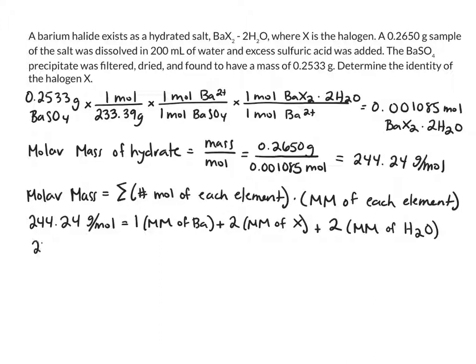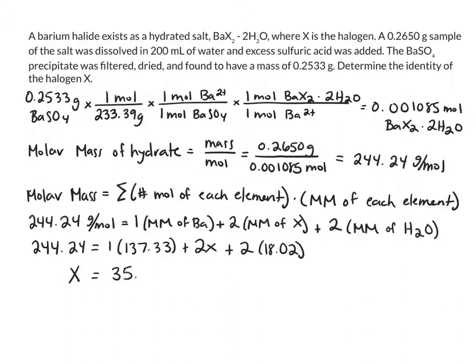So if I fill in here, I've got 244.24 is equal to 1 times the molar mass of barium, 137.33, plus 2x, plus 2 times the molar mass of water, 18.02. When I solve for x, right, that molar mass is 35.44 grams per mole.